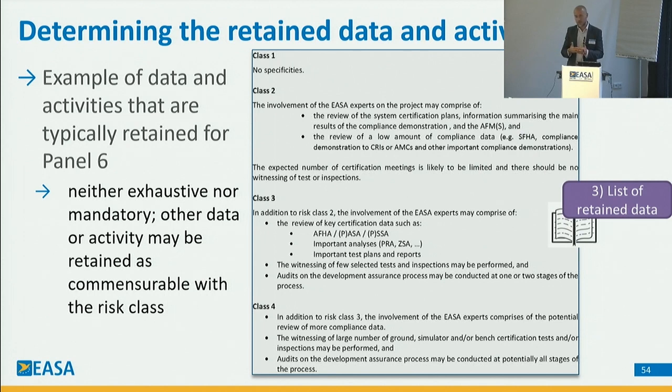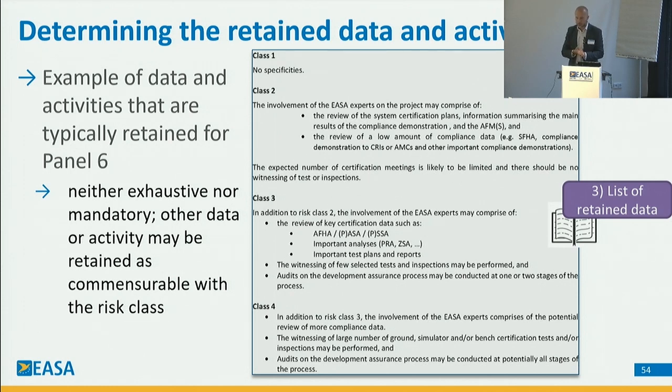What you will find in these attachments is, for each panel, the 19 panels that we have as of today within EASA, examples of novelty, complexity, criticality, and also examples of what kind of data a certain panel would expect depending on the classes. So this is information that you can also use to make your proposal. Also in this case it is not written in stone, so make your assessment, but this is guidance that you can consider to make your proposal of the LOI.